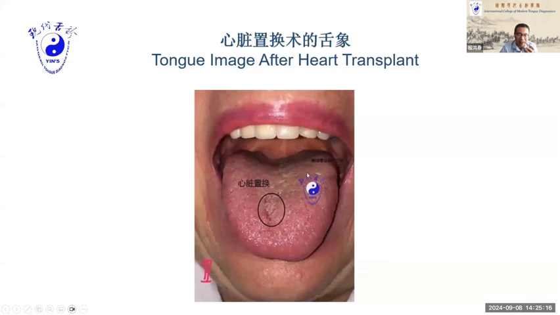Since then, I have tested so many heart disease patients, and every tongue for heart disease has confirmed my judgment. So that's why I made my own tongue hologram.